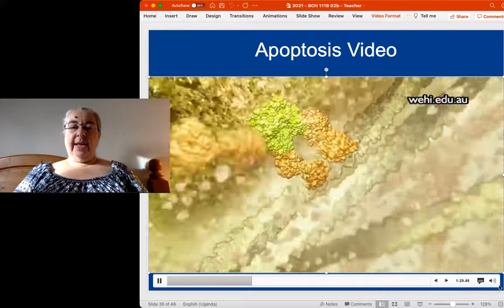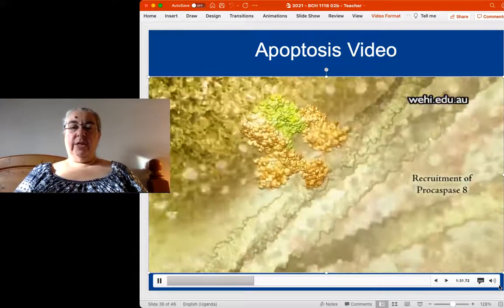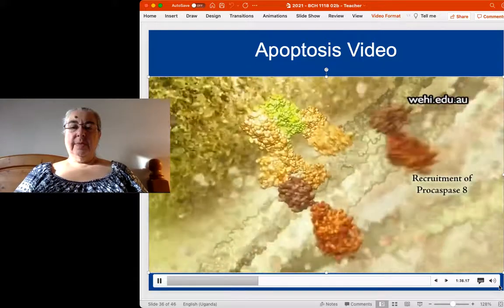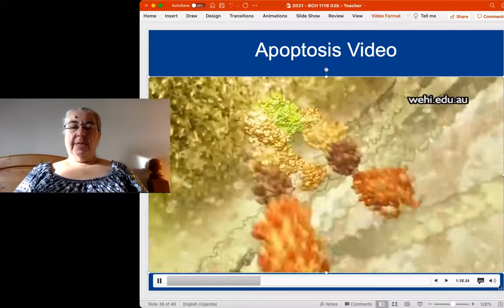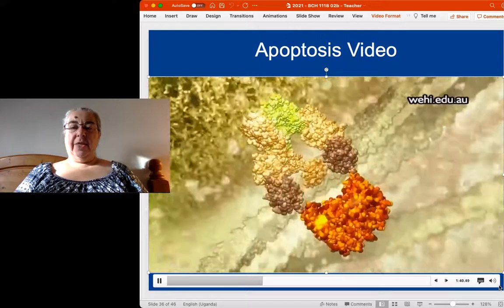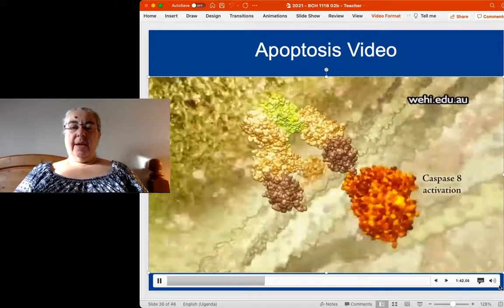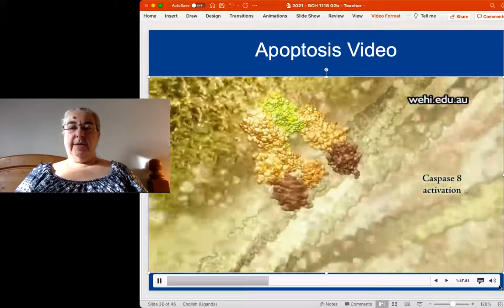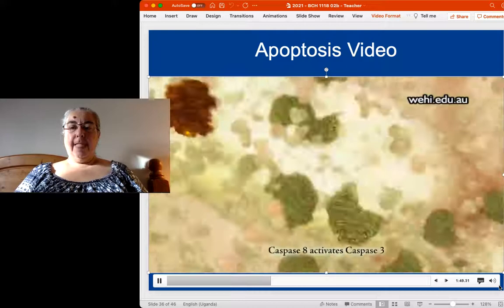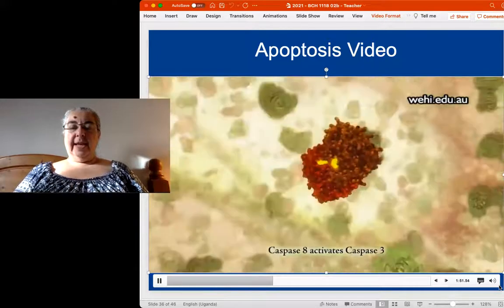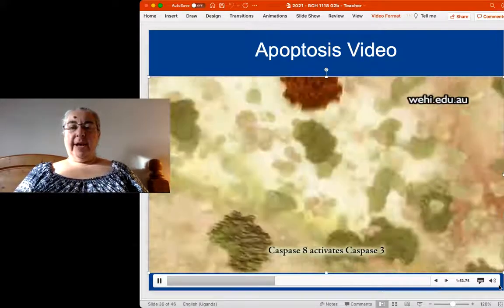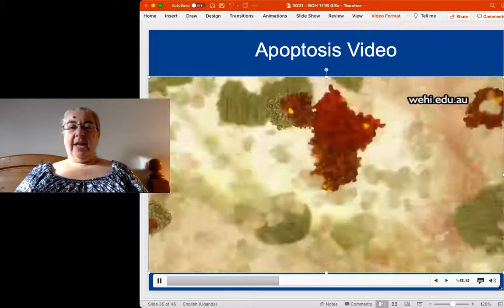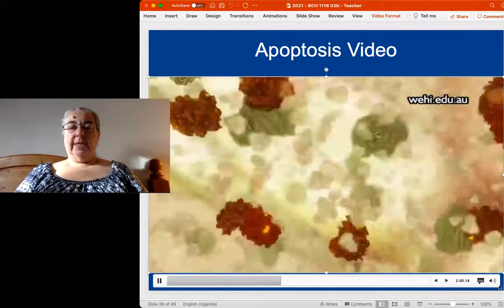So here we see a series of interactions between proteins. Okay, proteins interacting together, and now we've got an activated caspase protein. So this caspase is now able to act as an enzyme and activate other caspase proteins.